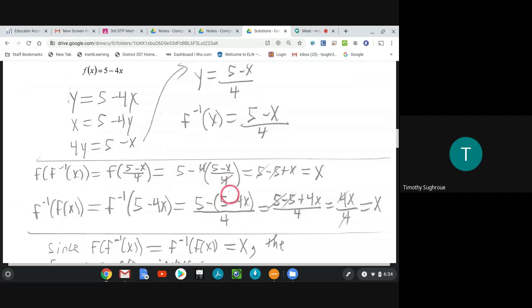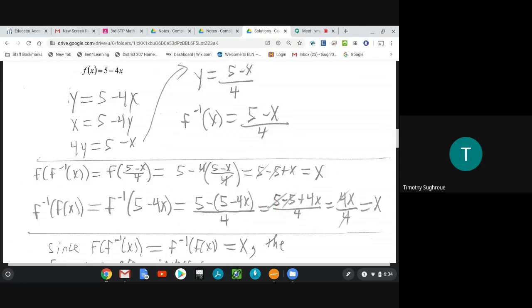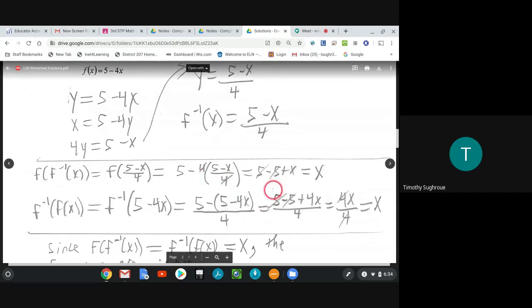I have to distribute the negative sign, but notice in this case, the second to last step is canceling the 5s, and the last step is canceling the 4s. That's why I can always tell if you process this correctly by looking at the last 2 steps, because they're usually different, and we get x. Okay?